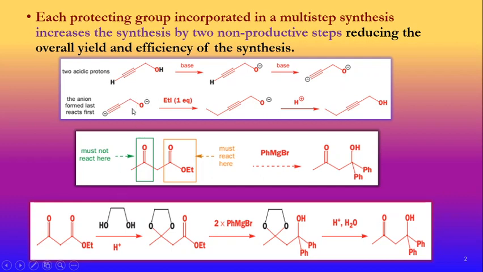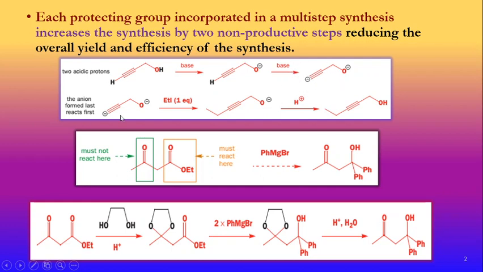Here are some examples. In the first example, there are two acidic protons, and if we react this molecule with a base, it will easily abstract the proton on this oxygen and there is a formation of this negative charge. If another molecule of base reacts, there is a formation of negative charge on this carbon atom, and the anion formed last is reacted first.